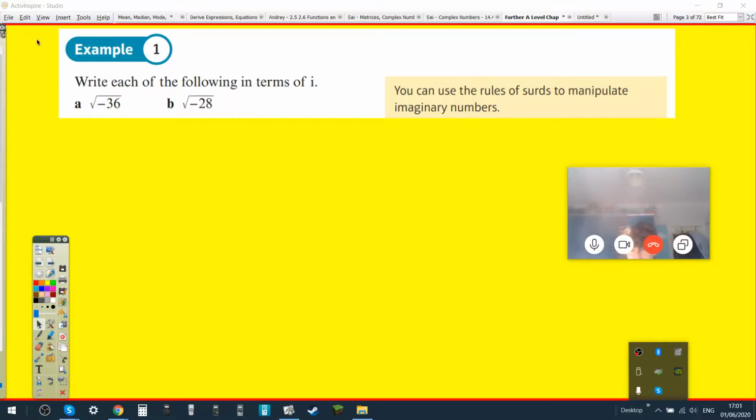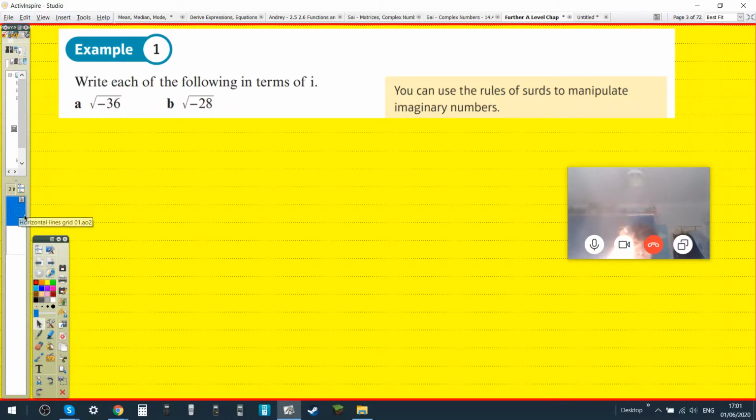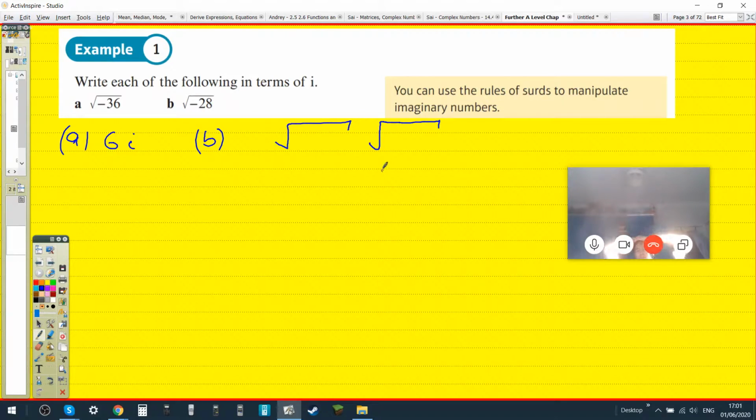So that'll be 6i. Any idea about the other one? Not sure. Let's see. Can you split it up into two different things, like square root of something, square root of something? You could think of square root of 9.